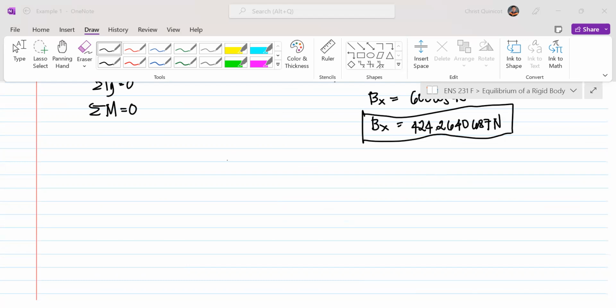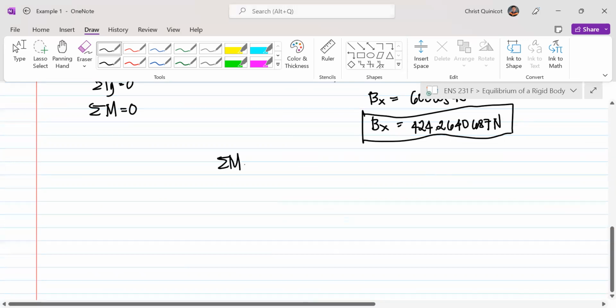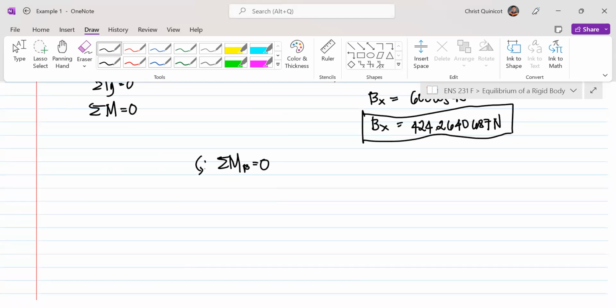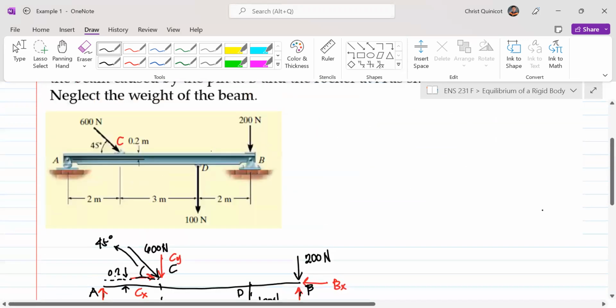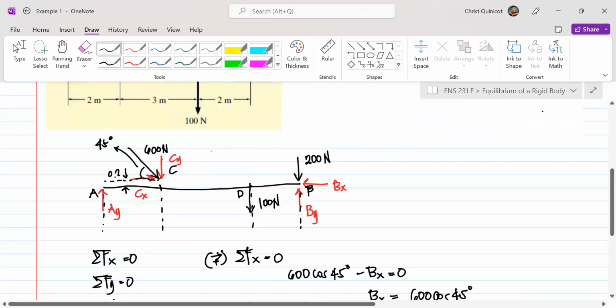So this is summation of moment about B equal to 0, assuming counterclockwise positive. Now, if you can observe, if we do moment summation about B, we have 100 Newton going down, the Y component of our 600, which is going down, and the X component of our 600 going to the right.